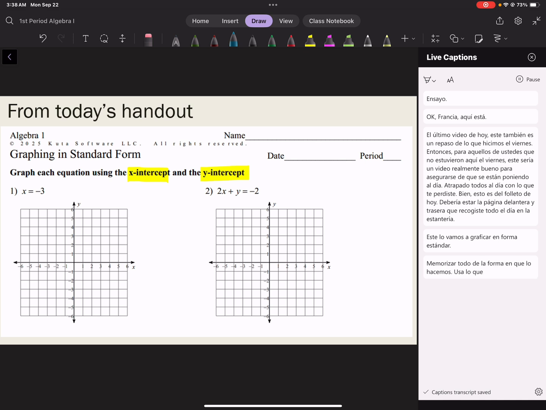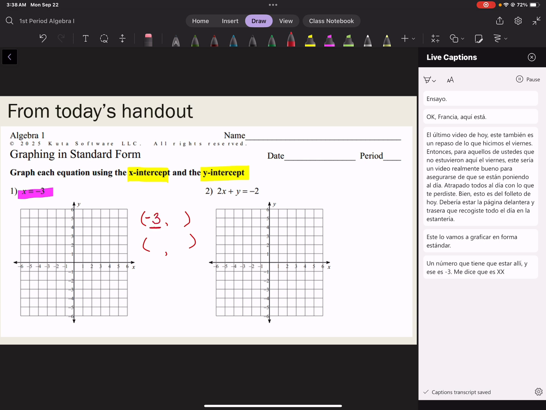So for example, on number 1, it says x equals -3. Only x. So what I'm going to do is make 2 points. And in these 2 points, I only have one number that has to be there, and that is -3. It tells me that x is -3.